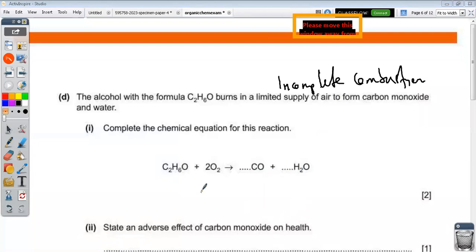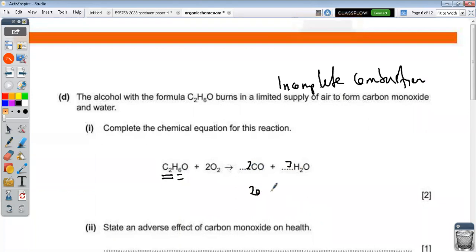So let's balance together. How many carbons are there? 1, 2. So we need to put 2 here. Clear now? How many hydrogens do we have here? 6. So how many do we need to put here? 3, because 3 times 2 is 6. But the moment we do that, how many oxygens do we have here?